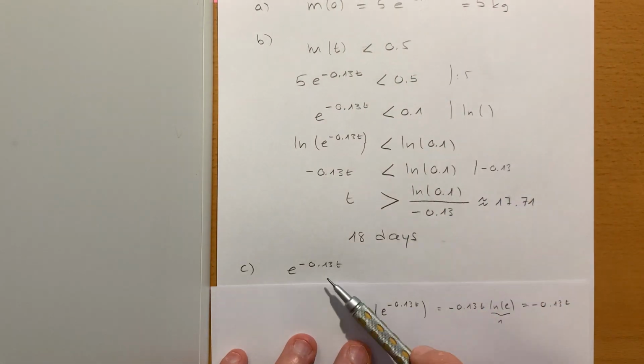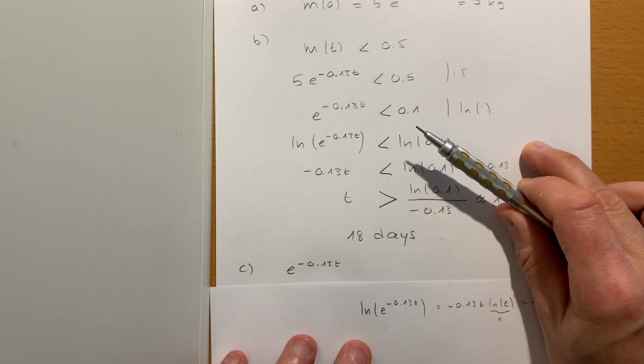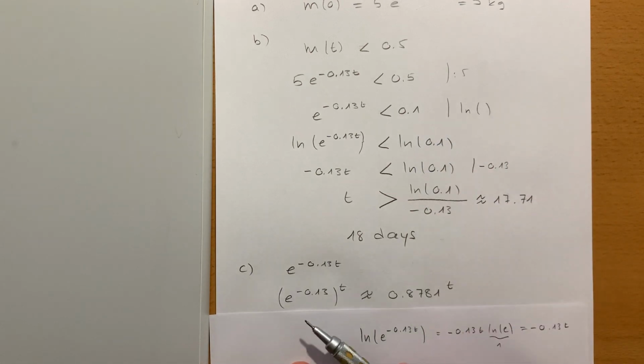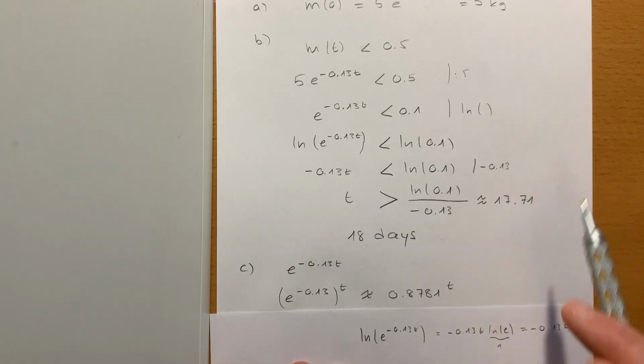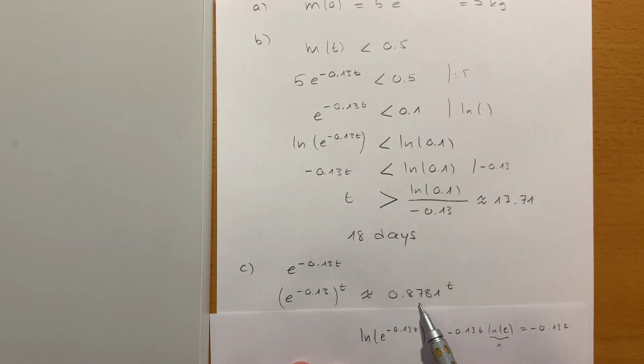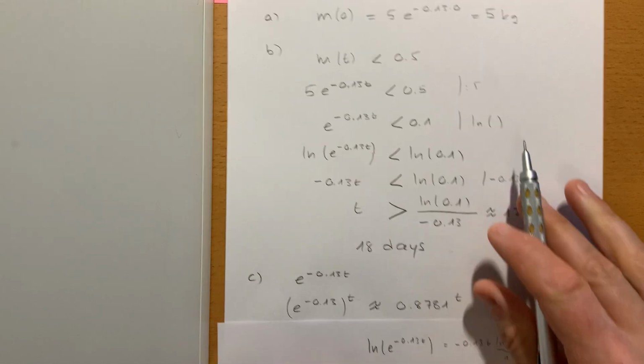So what we do is we take that part of the function, we rewrite it like this: e to the minus 0.13 to the t is approximately equal to this.